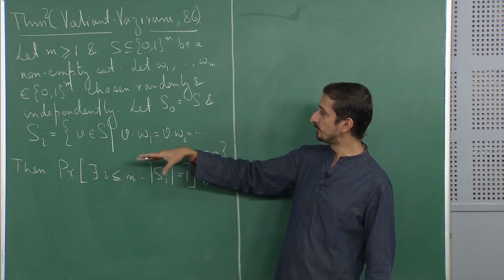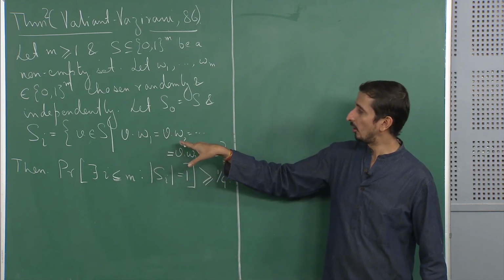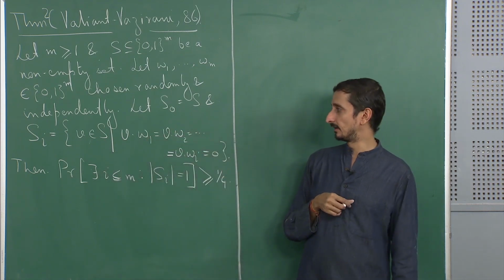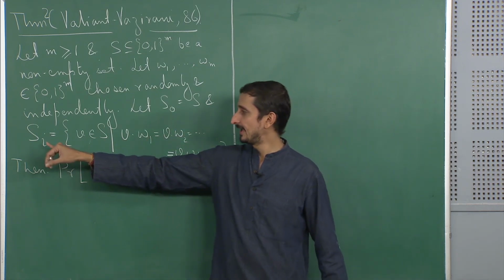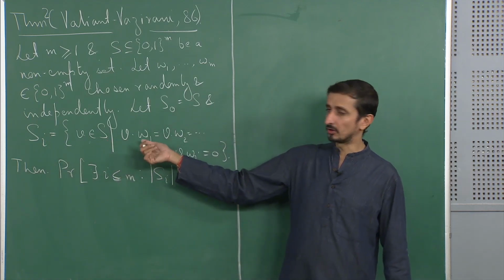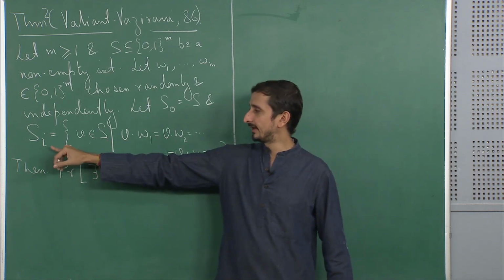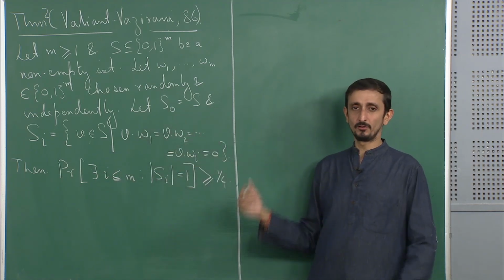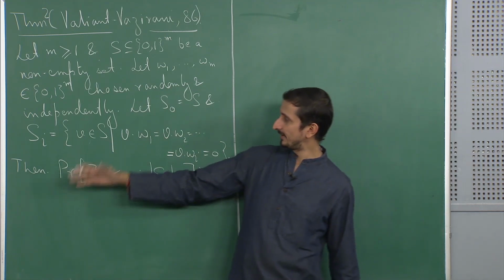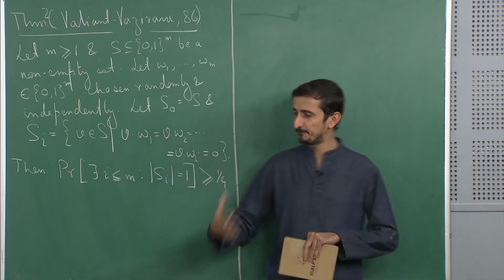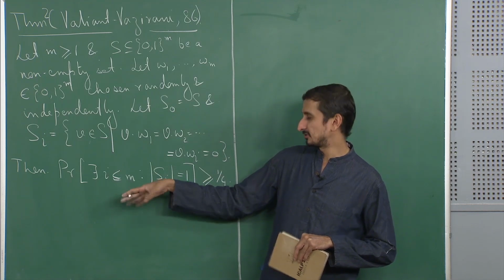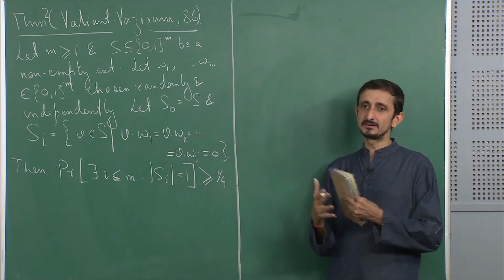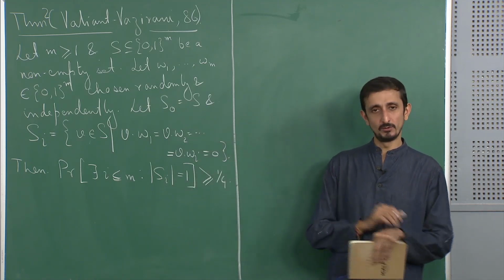I essentially remove all vectors which are orthogonal to a specific Wi. Whenever I am considering S1, I will remove all vectors that are orthogonal to W1. Then when I look at S2, I will remove all vectors that are orthogonal to W1 as well as W2, and so on. Now what Valiant and Vazirani showed is that by the time I reach m, there will be some i such that the number of vectors that remain is exactly equal to 1.